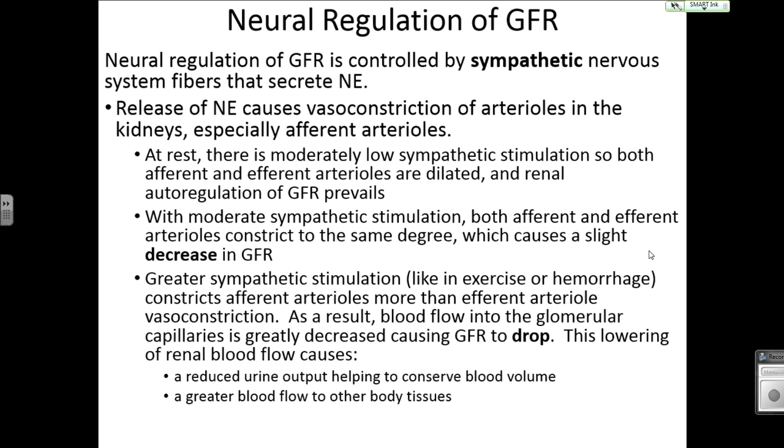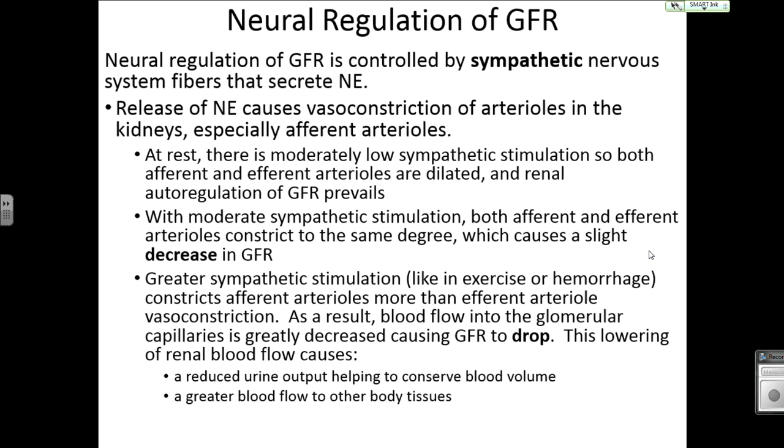We've already done a pretty good job of figuring this one out. Control of GFR neurally is by activation or lack thereof of the sympathetic nervous system, which, if it's active, will release norepinephrine. Norepinephrine causes vasoconstriction of arterioles in the kidneys, especially those afferent arterioles.